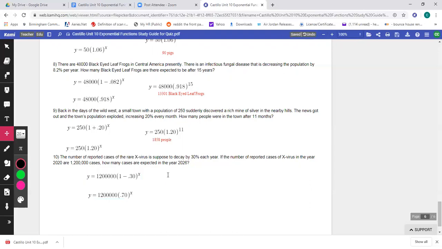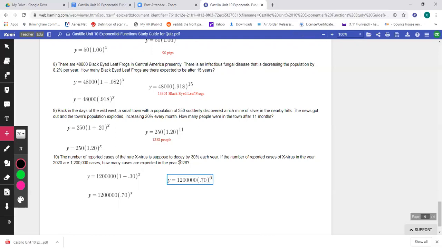And then if I start measuring in the year 2020 and I want to know how many are in the year 2026, that's a 6-year difference. So I'm going to use six for my x.